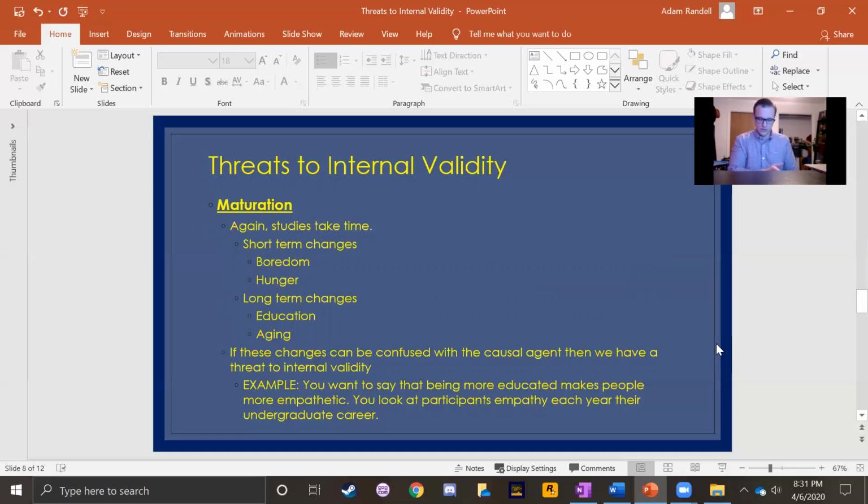Because sophomores may be more empathetic than freshmen, juniors may be more empathetic than sophomores, seniors may be more empathetic than juniors. But it may be education, but it also might just be that as they're getting older, they've seen more people, they've interacted with more people, and so they've encountered more perspectives, and that's what's leading them to be more empathetic. Not education, but simply getting older, having more experiences.